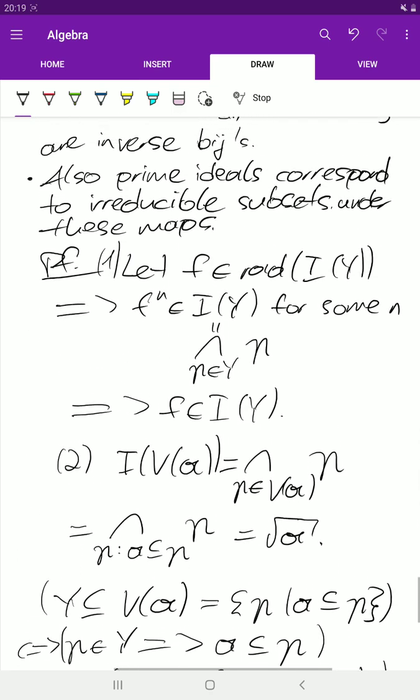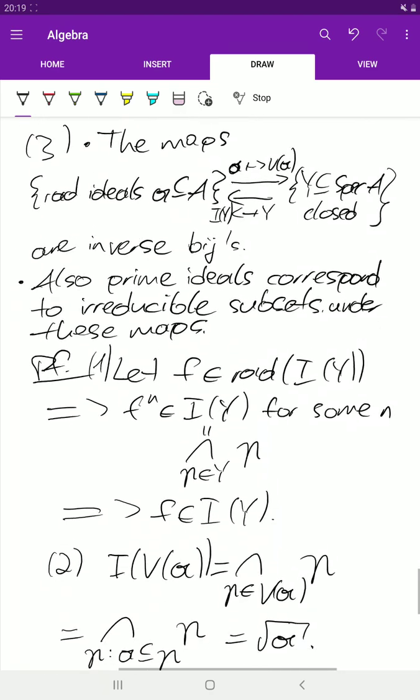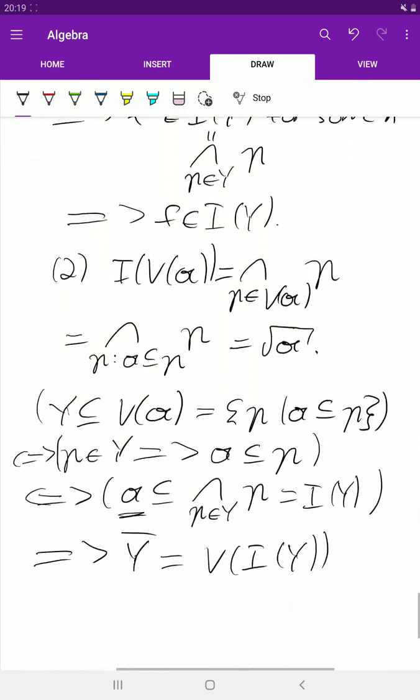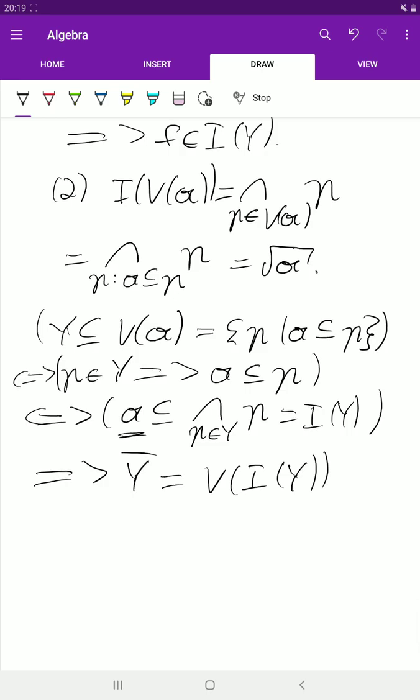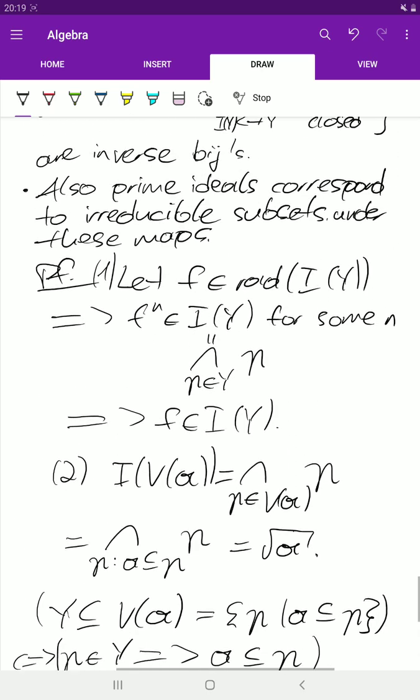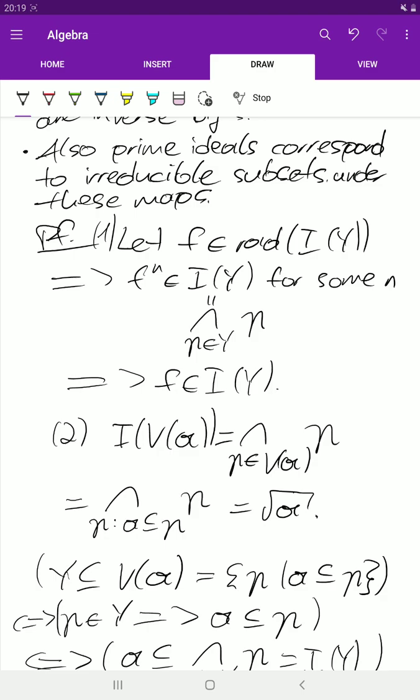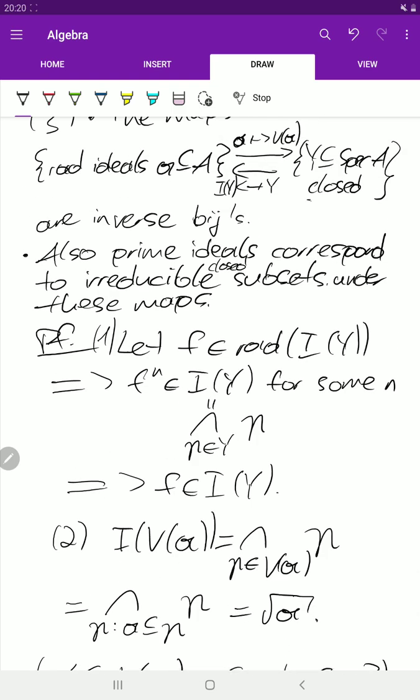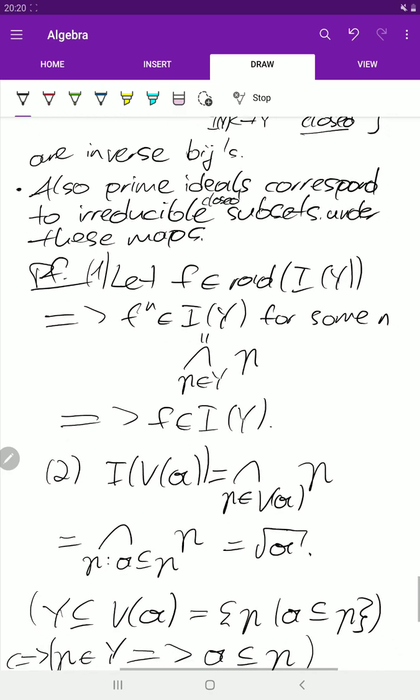But you might want to check this a little bit more carefully if you doubt it. Okay, and now let's move on to the last part, namely that prime ideals correspond to irreducible closed subsets. I should mention, we definitely have closed already here, but let me stress it again.